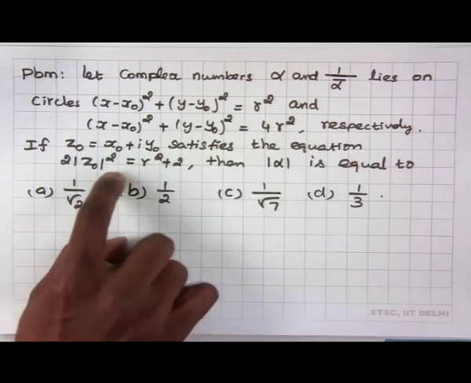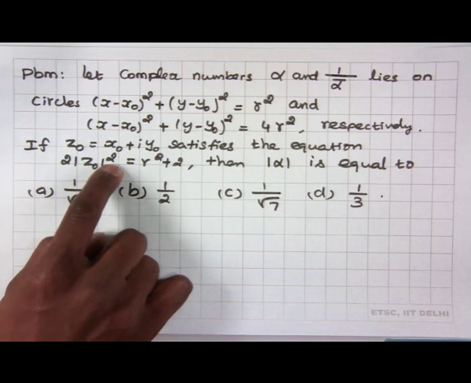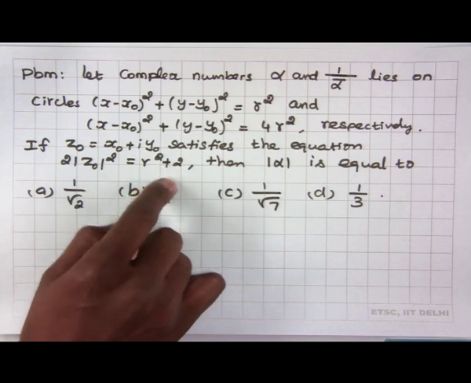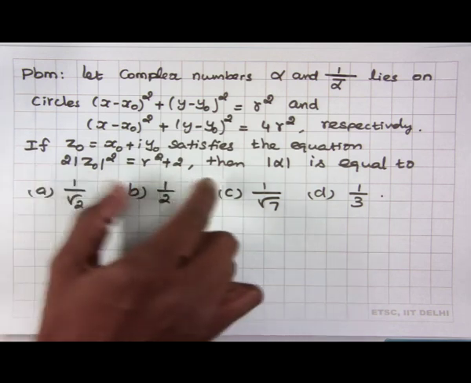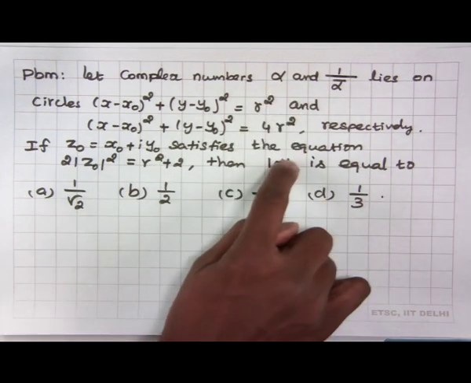Then together with the condition that |z₀|² is given by (r² plus 2) by 2, we can determine the value of α.